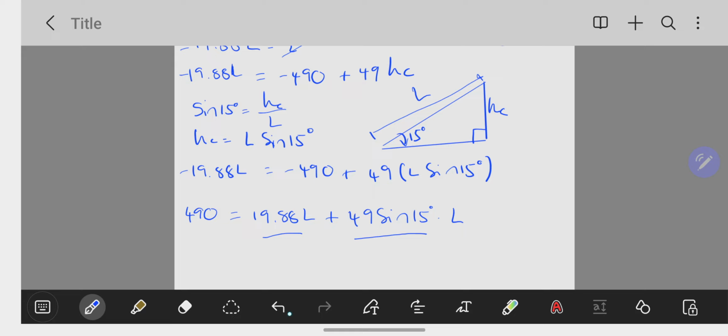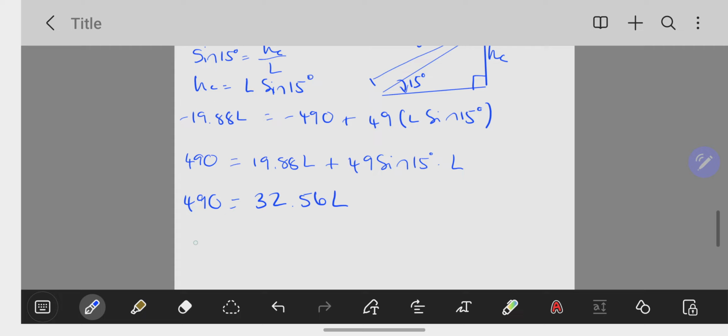These are like terms, so when I add them I get 490 equals 32.56 L. Therefore, when I divide by 32.56, I get that L equals 15.1 meters.